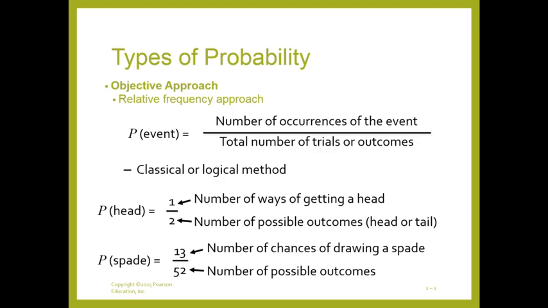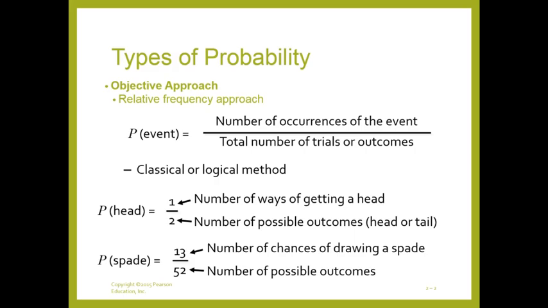Otherwise, you have things that are on the logical side. How often could something happen, and how often would you know that something could happen? You can logically figure out that if there are 13 cards marked with spades and there are 52 total cards in the deck, then your probability is going to be 1 out of 4 that you would draw a card that had a spade on it.